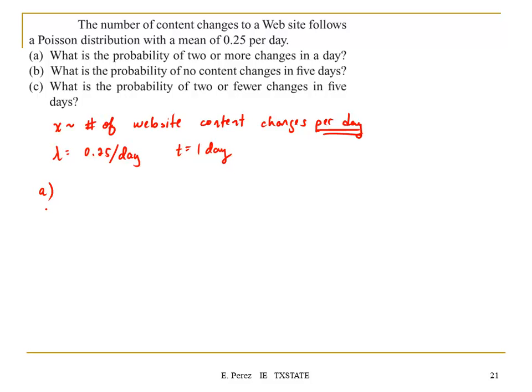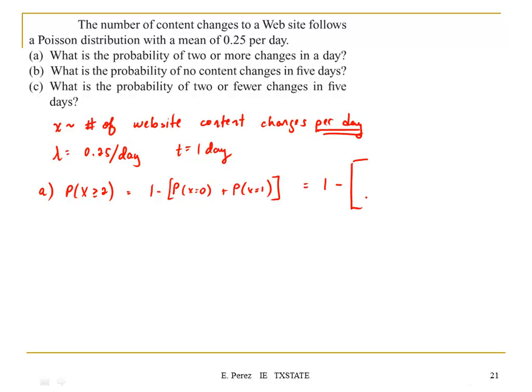So A, what is the probability of 2 or more? P of X greater or equal to 2, which is the same as 1 minus the probability of x equals 0 plus the probability of x equals 1.